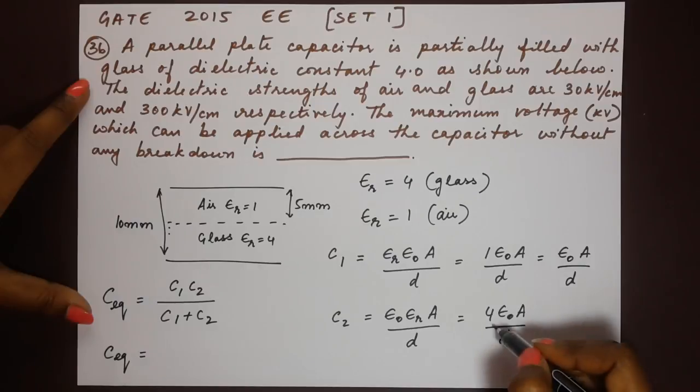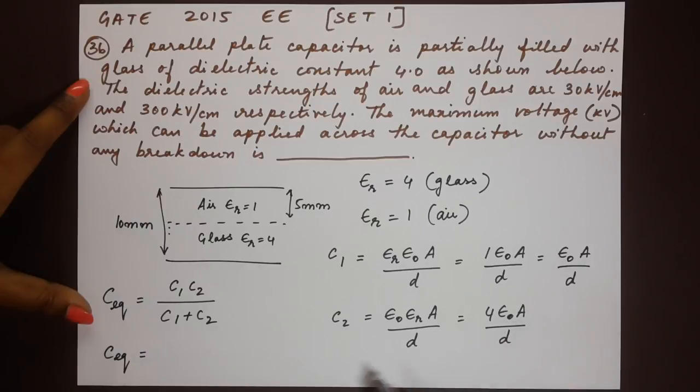Epsilon naught A by D, 4 epsilon naught A by D into C equivalent. Here we would obtain 4 epsilon naught A divided by 5D. You can substitute and solve and check if that's the expression. You should get 4 epsilon naught A by 5D.